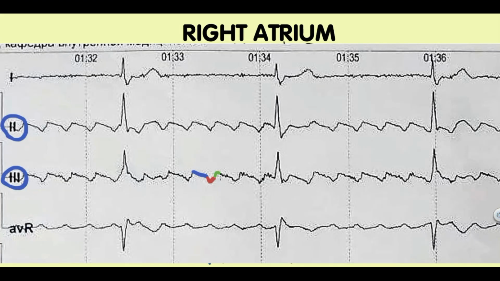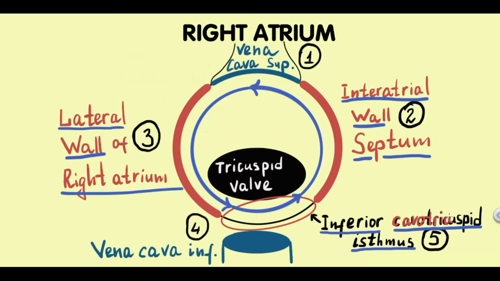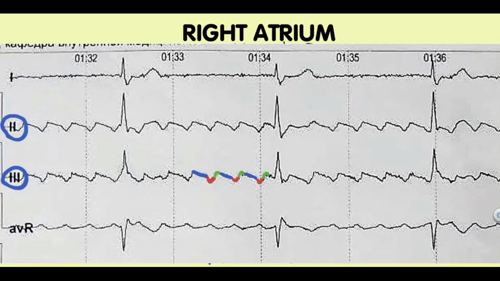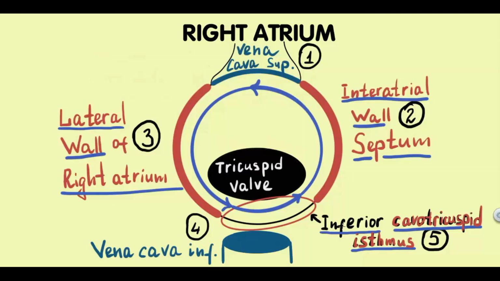As a result of one reentrant circle, we have formation of one sawtooth on ECG. The inferior cava tricuspid isthmus is the weakest part of the reentry circuit. It means it is more vulnerable for management. This kind of atrial flutter is called isthmus dependent. So in our case we have typical isthmus-dependent counterclockwise atrial flutter.